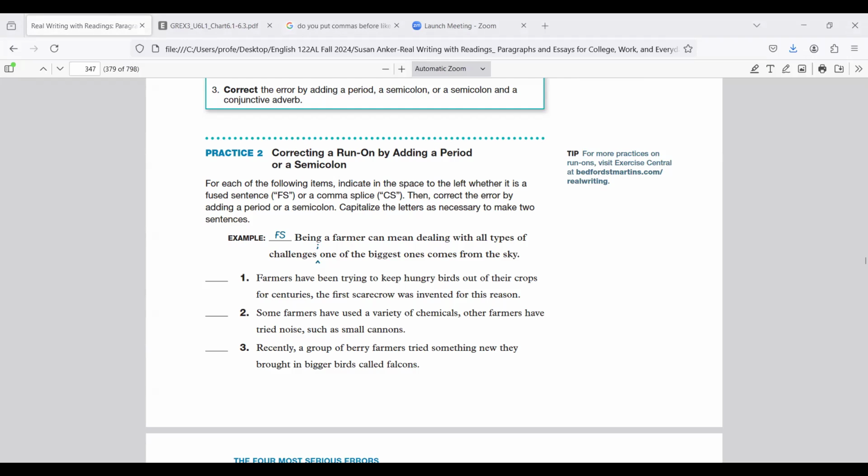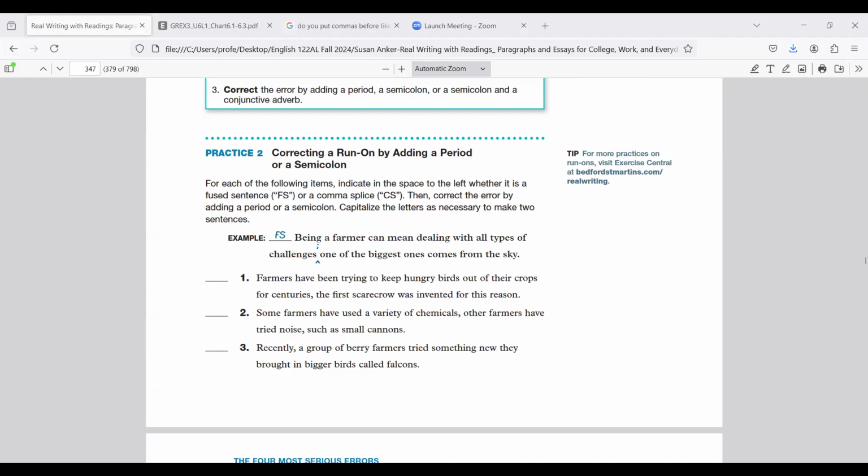All right, so here's our example. Being a farmer can mean dealing with all types of challenges. One of the biggest comes from the sky. So my trusty grammar already told me that's the fused sentence right there, okay? So I wrote FS because it is a fused sentence. We see that being a farmer is the subject, can mean is the verb, and then our complete idea.